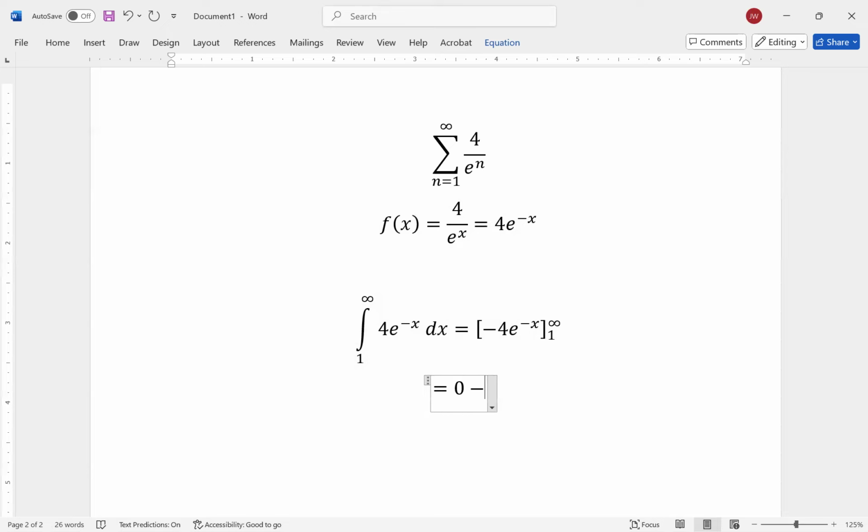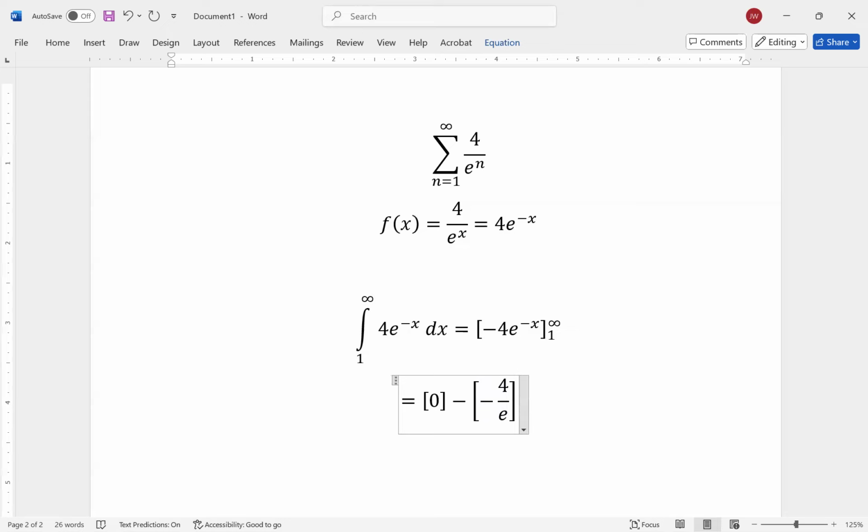And when we plug in the number 1, we'd get -4 divided by e to the first power.